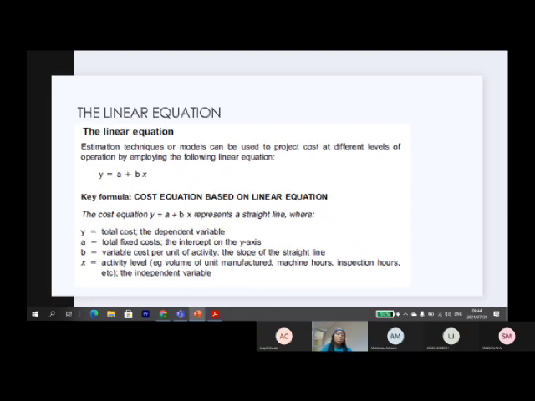Cool. So the linear equation is an estimation technique, as I've mentioned, that can be used to project costs at different levels of operation. It's a bit of a mouthful, but it is used so that you can identify your costs. The equation says that Y is your total cost, which is a dependent variable.